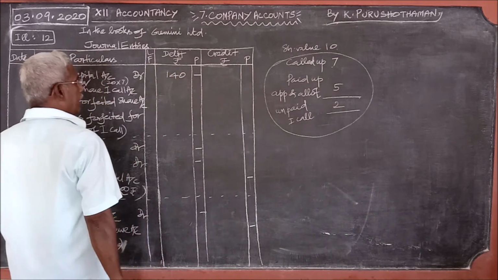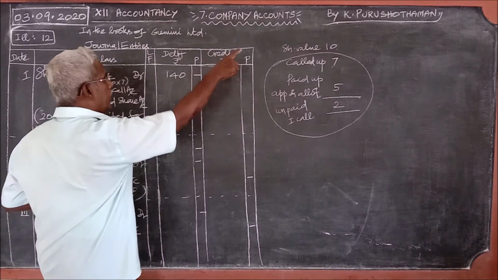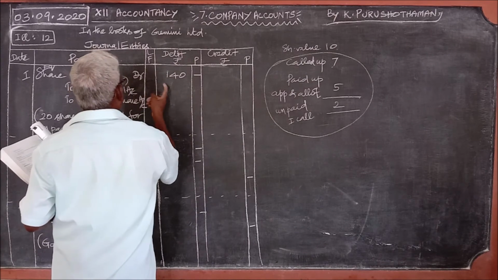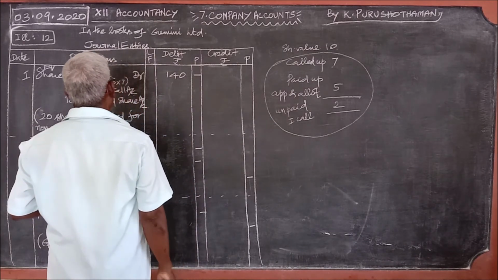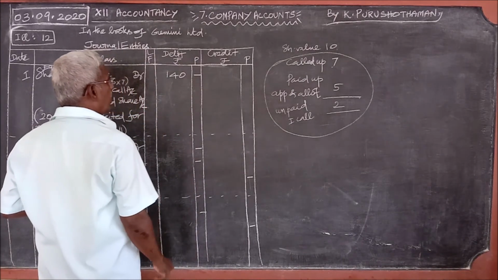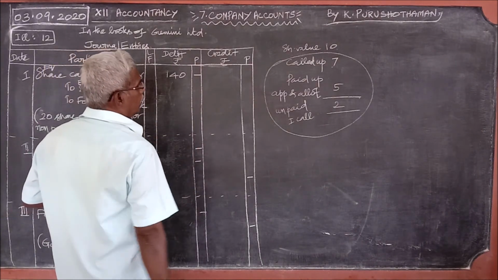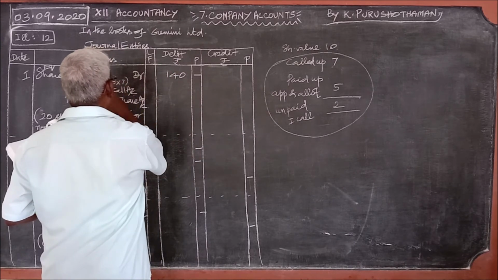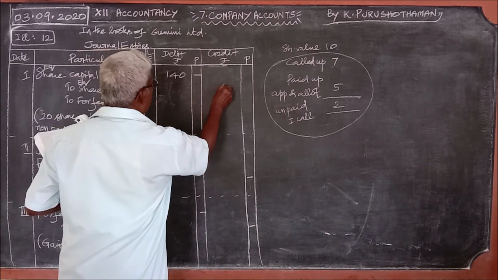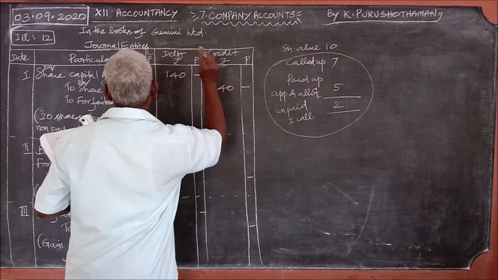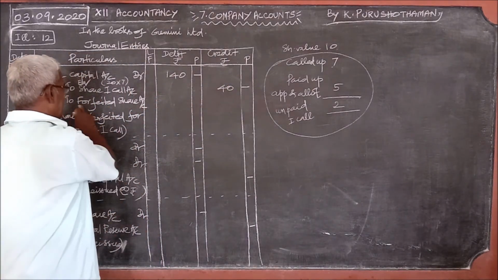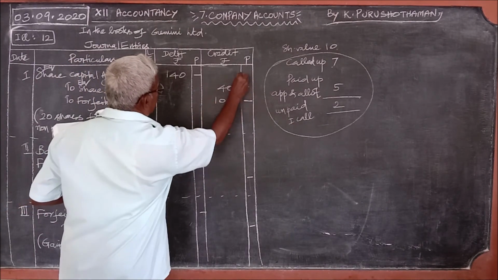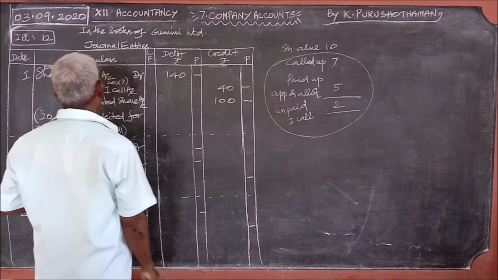If the called up value is not given, 20 into total share value 10, 200 you should write. But here, what is the first call money that was not received? 2 into the number of shares 20, 40 rupees was not received by the company. So what is the balancing figure for credit? It is 100.